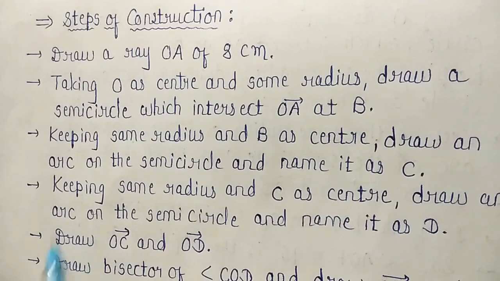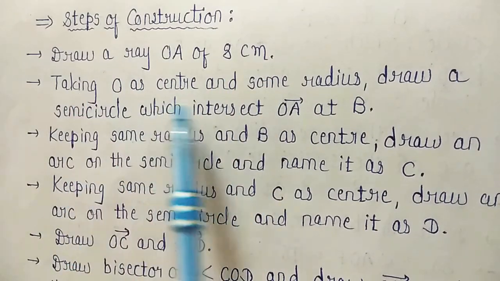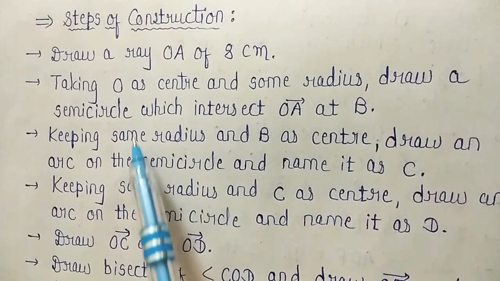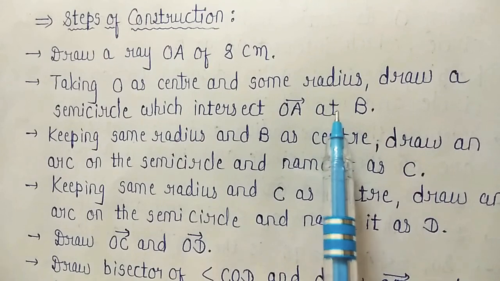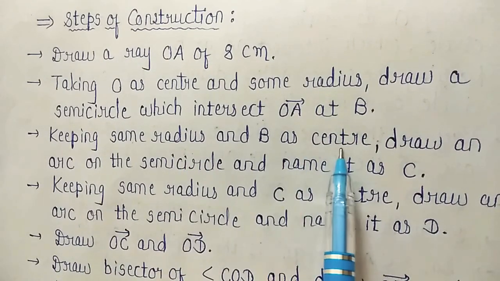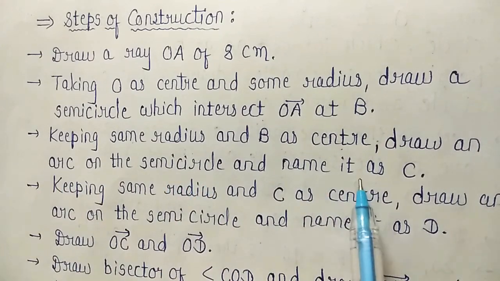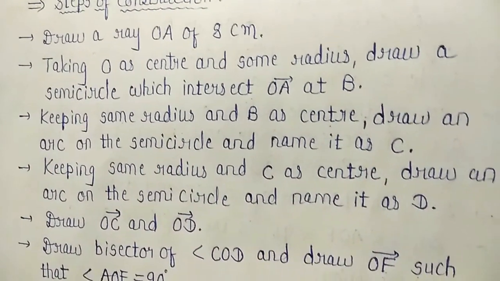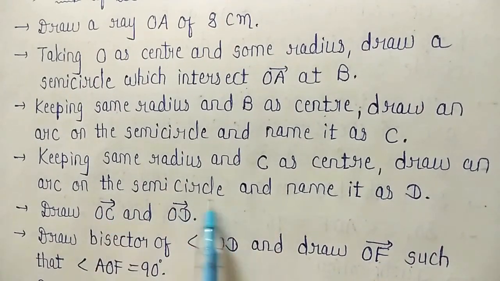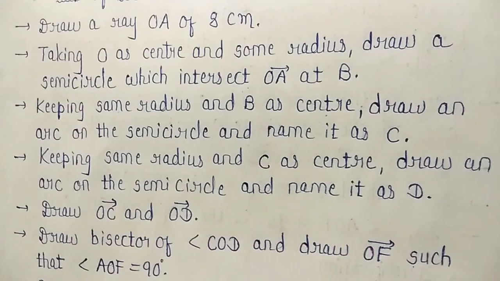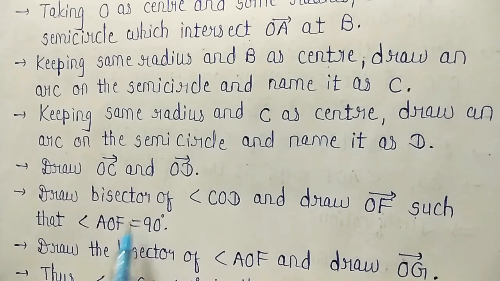Steps of construction. Draw a ray OA of 8 cm. Taking O as center and some radius, draw a semicircle which intersects ray OA at B. Keeping the same radius and B as a center, draw an arc on the semicircle and name it as C. Keeping the same radius and C as center, draw an arc on the semicircle and name it as D. Then draw ray OC and ray OD.